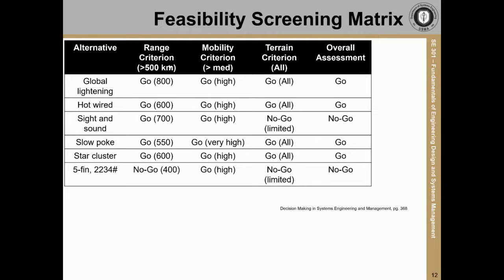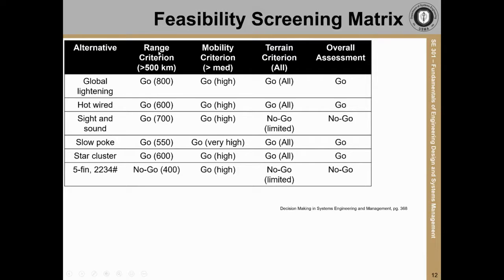Your stakeholder is saying that the range of this rocket has to be greater than 500 kilometers, has to have a mobility criterion greater than medium, and a terrain criterion greater than all. Don't worry exactly about what that means. These are the parameters that you're screening for.